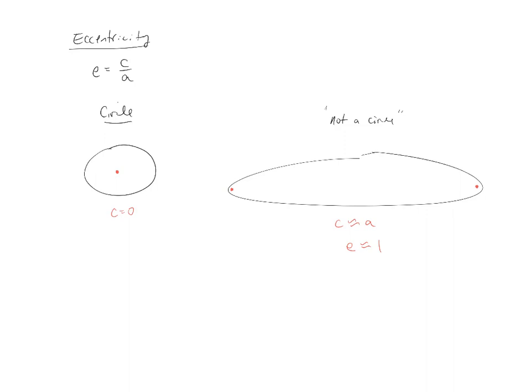There's no distance there whatsoever. If c is 0, it doesn't matter what a is, the eccentricity would be 0. So in general, the eccentricity for an ellipse or a circle will always be between 0 and 1. The closer it is to 0, the more perfect it is. The closer it is to 1, the more imperfect or elongated it would be.